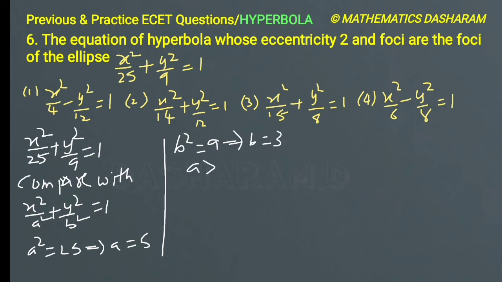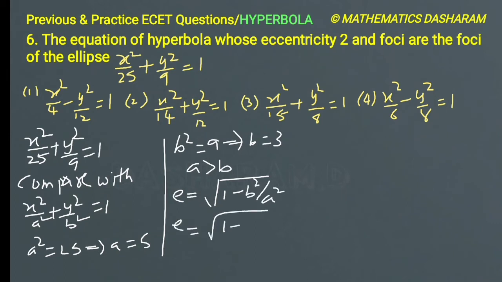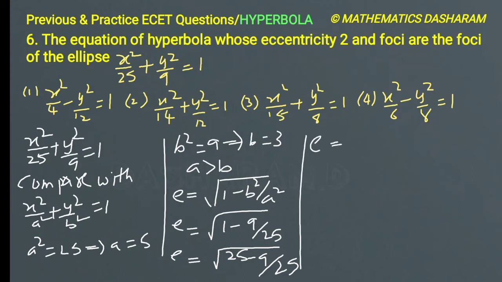And here a is greater than b. If a is greater than b, then the eccentricity formula is e equals under root 1 minus b square divided by a square. e equals under root 1 minus 9 by 25, e equals under root (25 minus 9) divided by 25. Then the overall e value is 4 by 5.